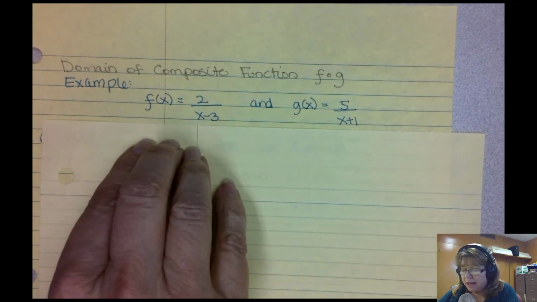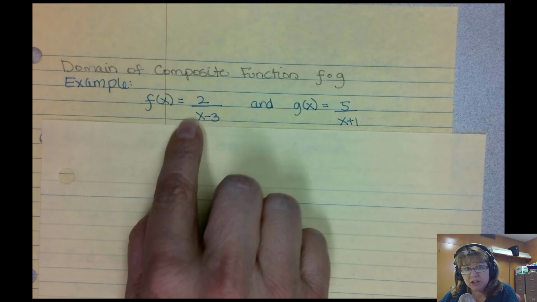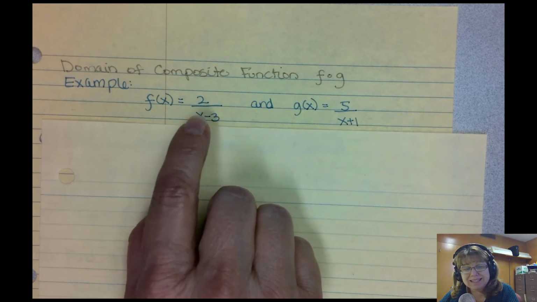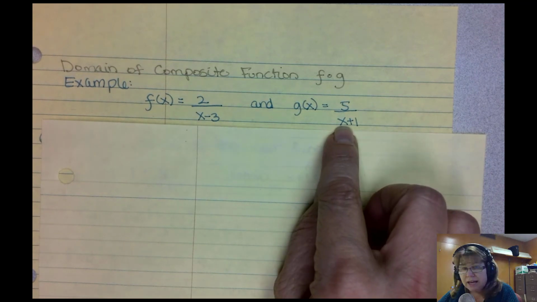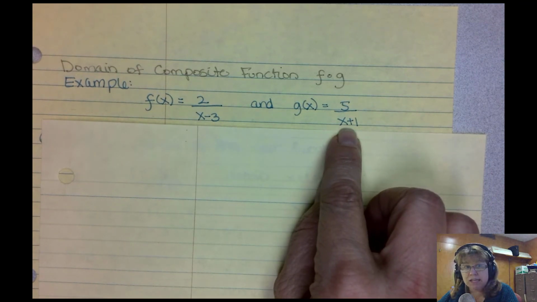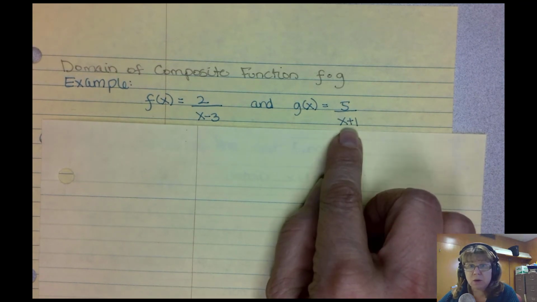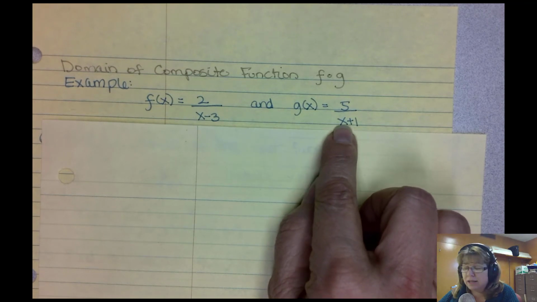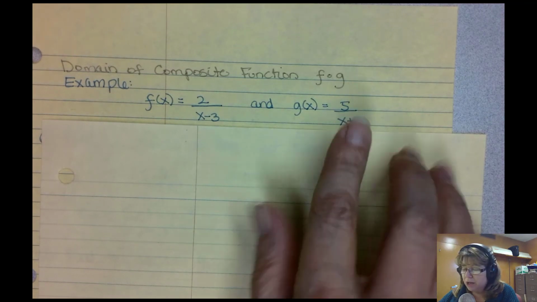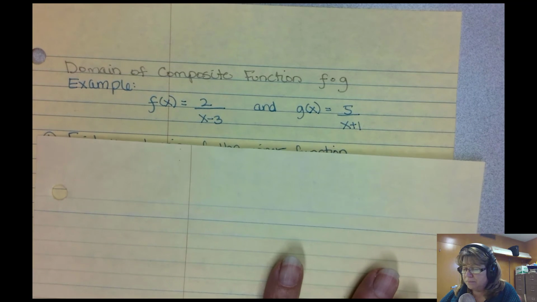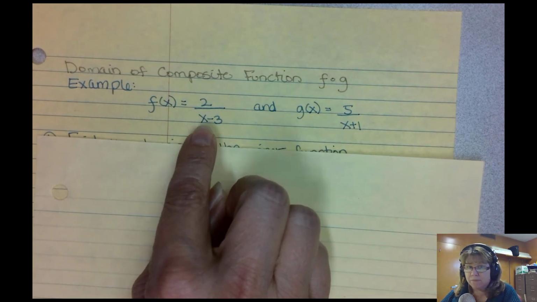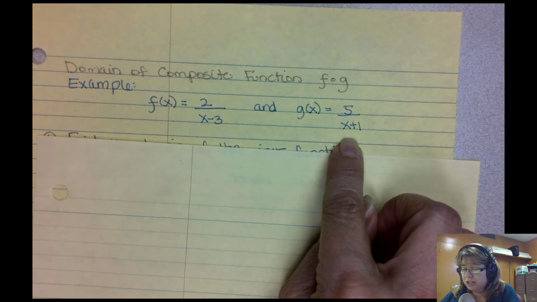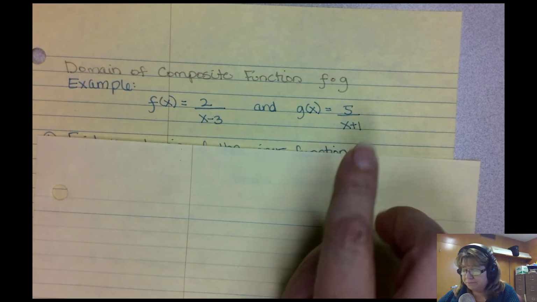If I look at f of x, I am not allowed to have the denominator be 0. So x is not allowed to be 3. And if I look at g of x, the denominator again is not allowed to be 0. So if x is negative 1, this would cause it to be 0. So my f function has the restriction x cannot be 3. G has the restriction x cannot be negative 1.